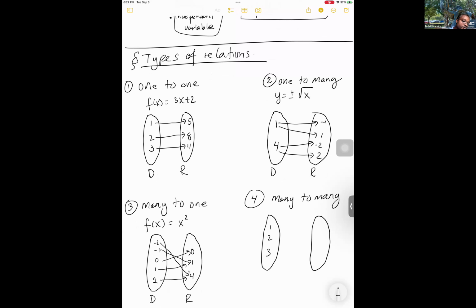You have many-to-one, so you have this pointing to one number right here. And then you have one-to-many. Normally, the equation for these are a little bit hard to write. Normally, they are piecewise functions. But we haven't gone to that yet, so we leave that for later. Domain and range.